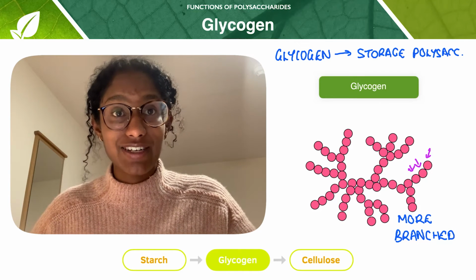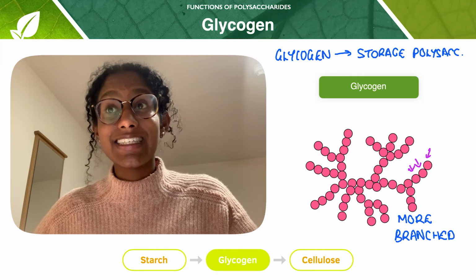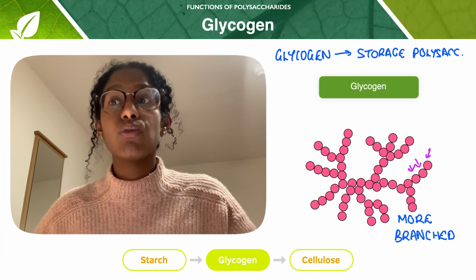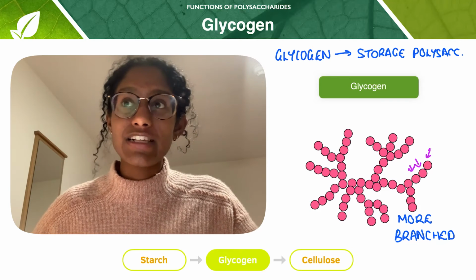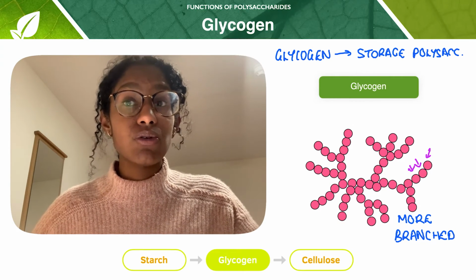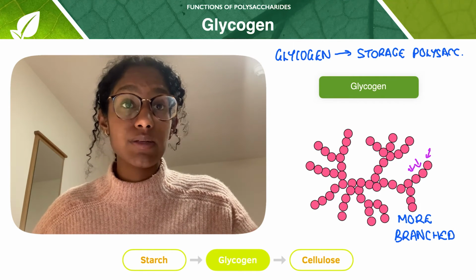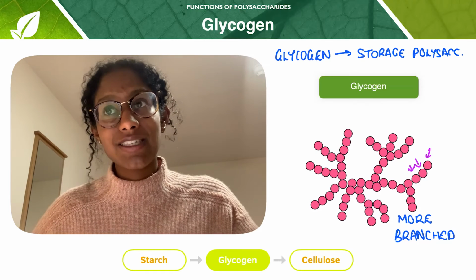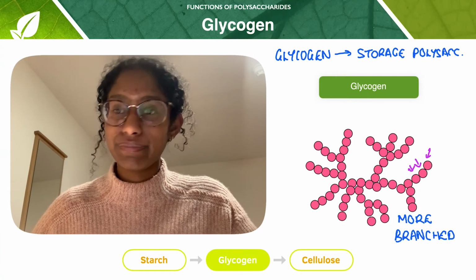That's a nice little fun fact for you, and that can also help you remember that glycogen, since it's in animal cells, is the one that is more branched and therefore the one that breaks down faster, whereas amylopectin is that storage polysaccharide that is less branched and still adapted to be a good surface for enzymes to work on and to break down fast, but not as fast as glycogen can release its monosaccharides.